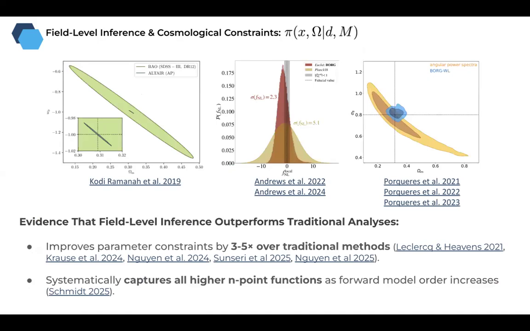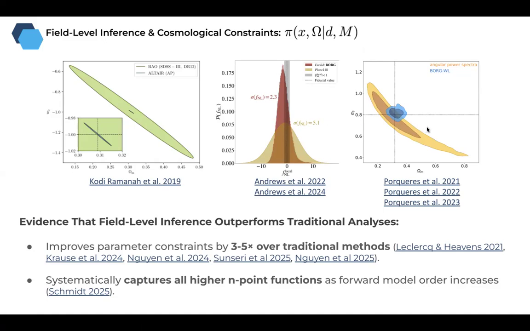This has been further demonstrated by a variety of other research groups. We have now seen tests on expansion dynamics by Kodi Ramanah. Andrews et al. investigated reconstructions to constrain primordial non-Gaussianity, and we have Porqueres and others.